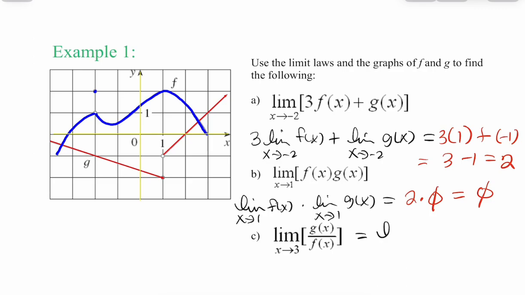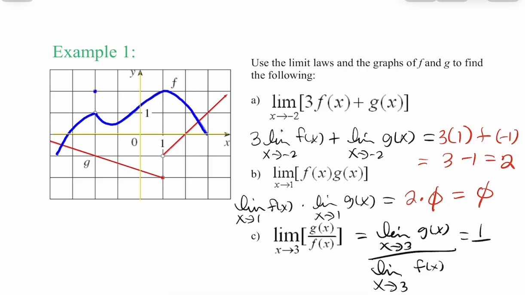Okay, let's take a look at the last one. So this is just the limit as x approaches 3 of g divided by the limit as x approaches 3 of f. So we can evaluate or take each limit individually and see what we get. Well, if we are over here at 3, our g function is in red. What height are we at on our g function, or what height are we approaching? 1 from both sides.